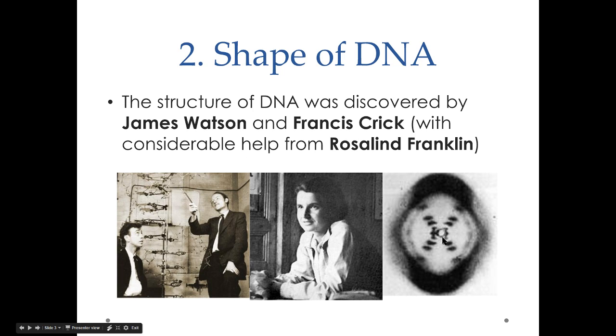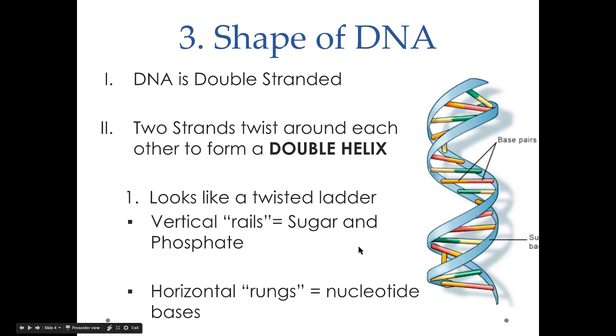This picture right here is a famous picture, Photo 51, and there's actually a documentary about it, which you should watch. I'll provide that in the description below. They believe that she definitely did take this picture, but it's an argument of whether or not they would have been able to discover the structure of DNA without her picture.